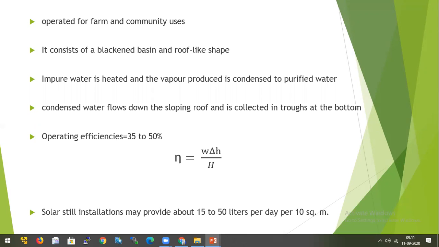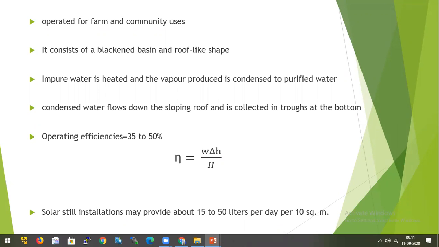We have to consider this parameter also. And preheating of water: if the water is preheated before day, then the absorption rate will be decreasing. So these also affect the production rate.